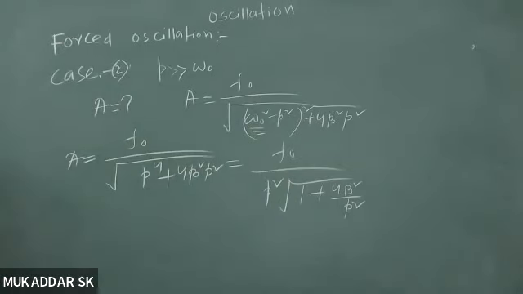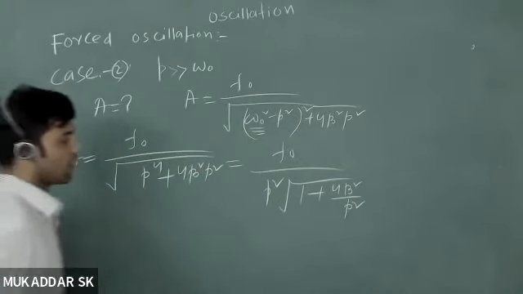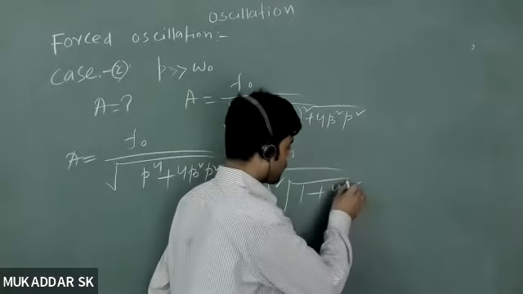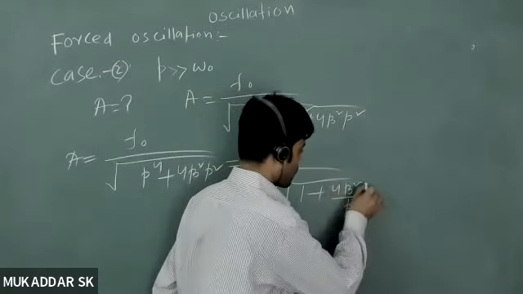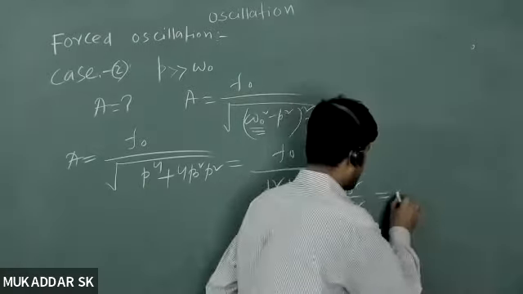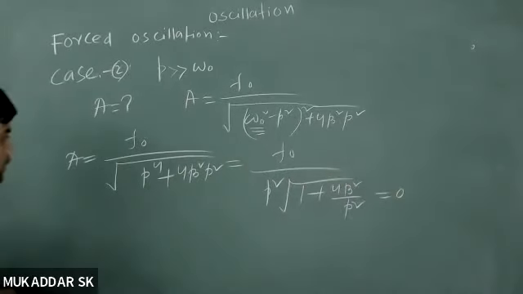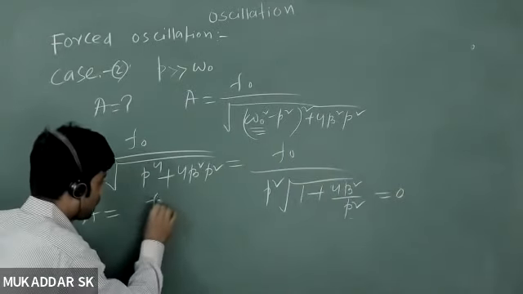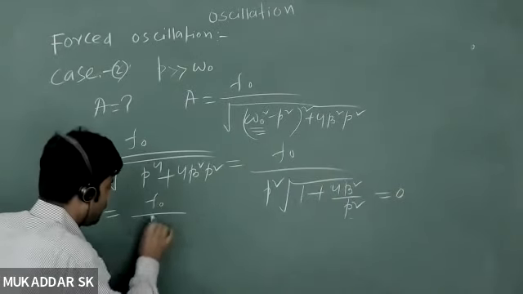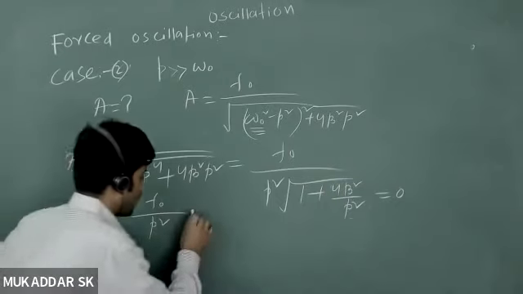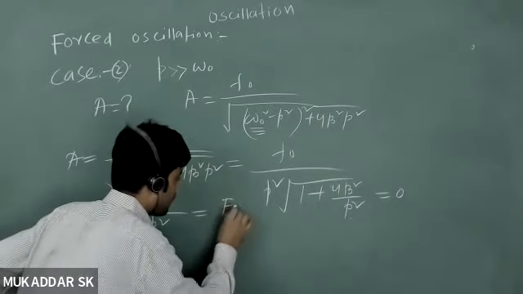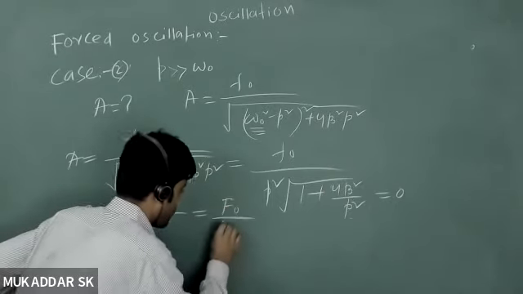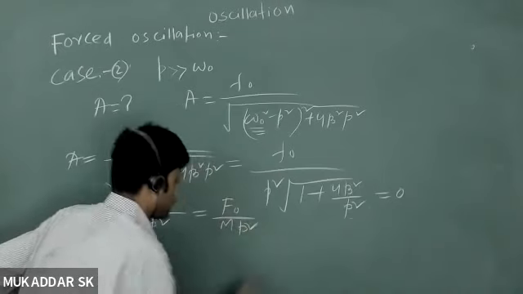Now since the driving frequency is very large, this term will become 0 in that scenario. So I can write amplitude of oscillation equals f naught by p square. And you know what f naught is? That is capital F naught by m, and you have p square.